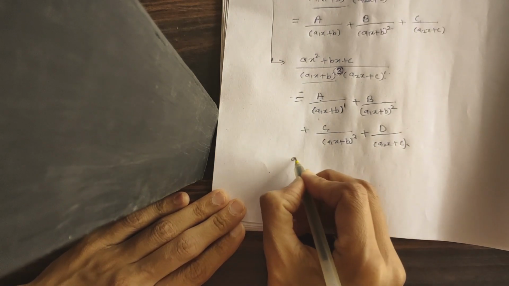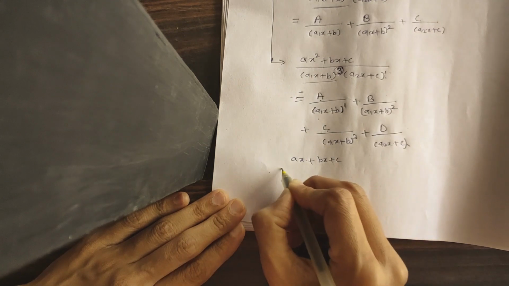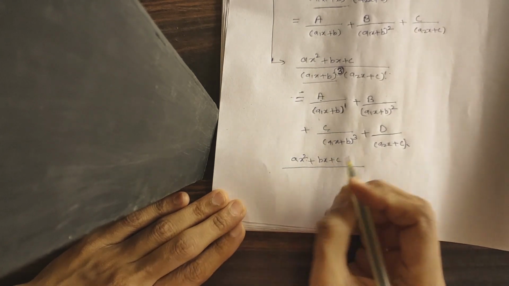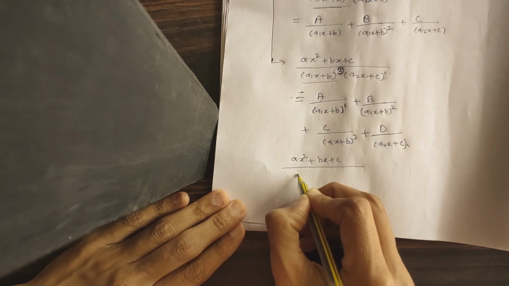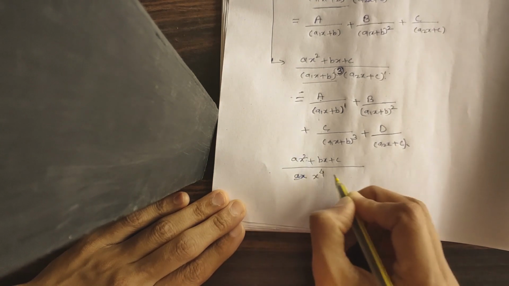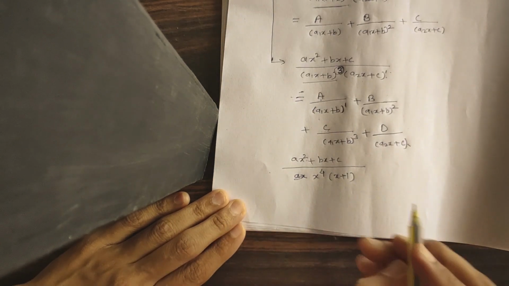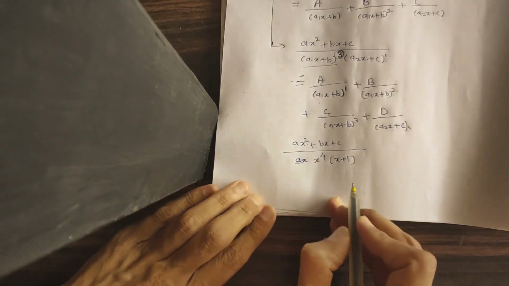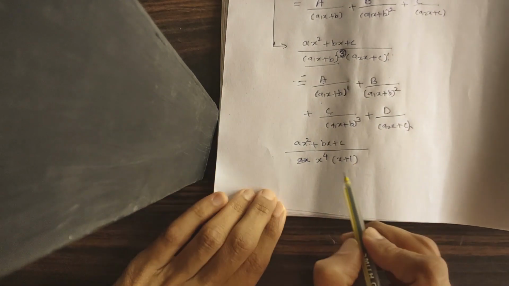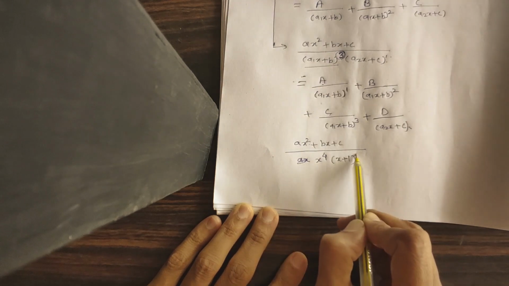Suppose I have a fraction like (ax^2 + bx + c) upon x to the power 4 into (x + 1). Suppose I have this kind of equation. Then how will I factorize it? How many powers in the denominator do I have? x to the power 4 plus 1.